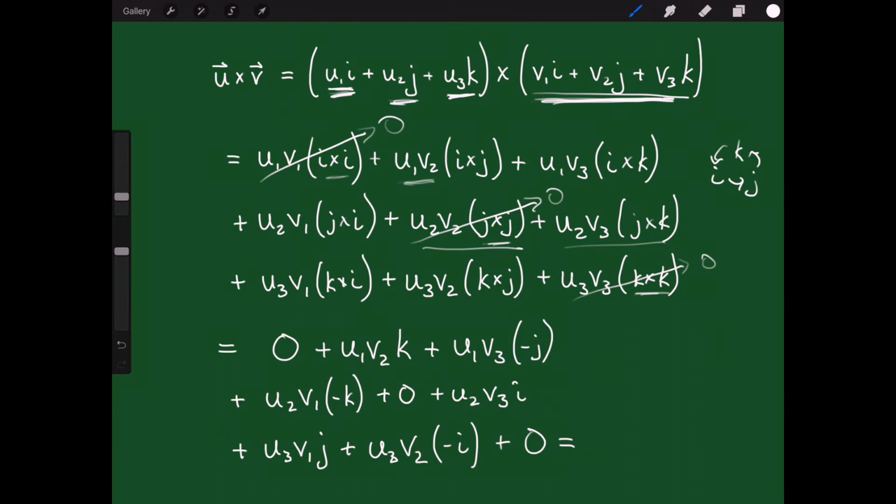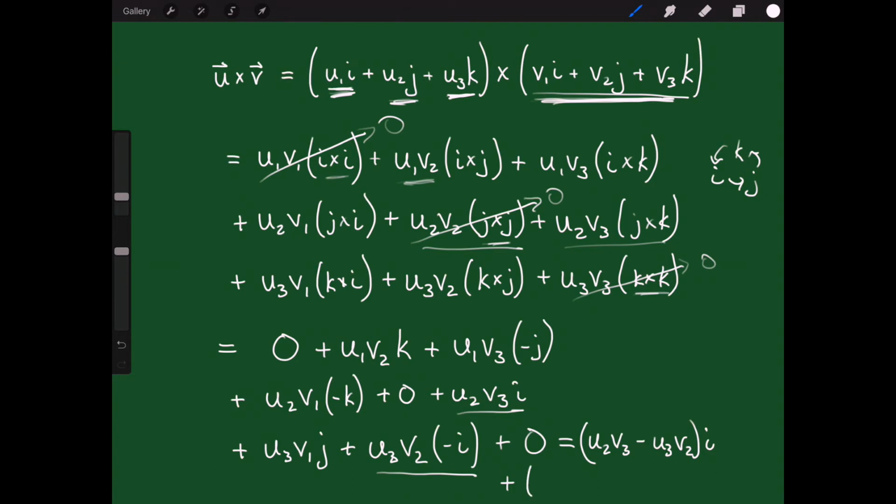All right, so now we can combine all these things together, and I can ask, well, how many I's do I have? How many J's do I have? How many K's do I have? Well, first let's look at the I terms, and there should be 2 of each. So here's an I term, and here's an I term. So really I have a U2 V3 minus a U3 V2 times I. Okay? Plus, I'm running out of space here, but what is the J term?